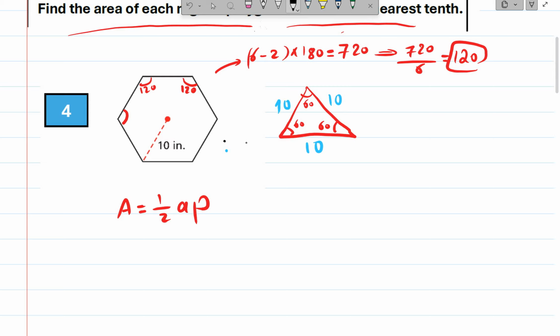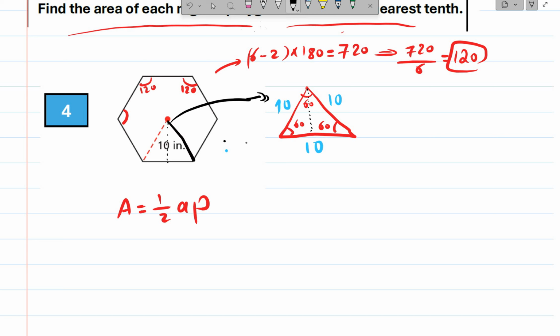So when you draw a line here to bisect, this angle is going to be 30, because we know already 60. Let's explain it better. This is the same triangle, but I made it bigger.